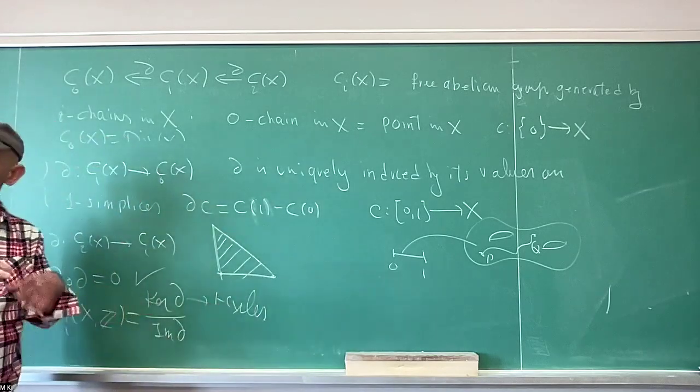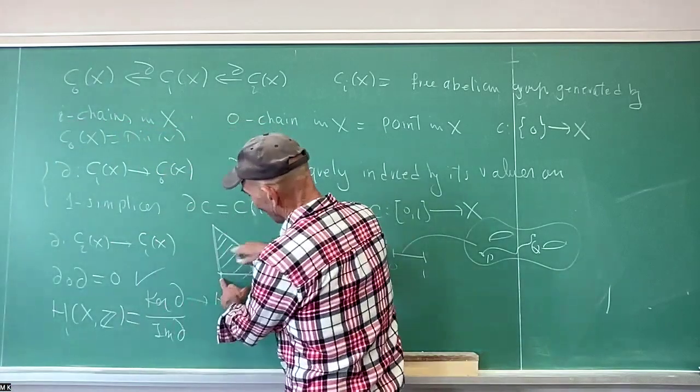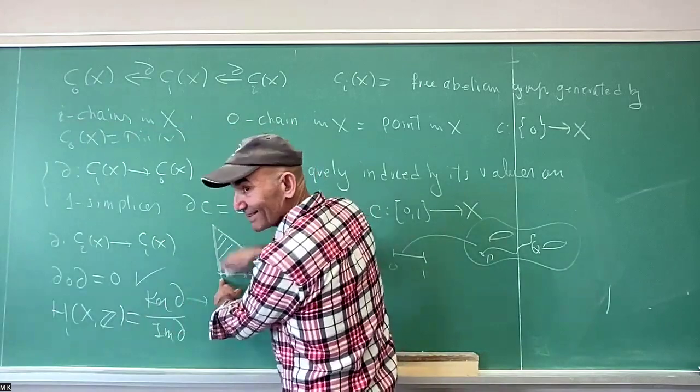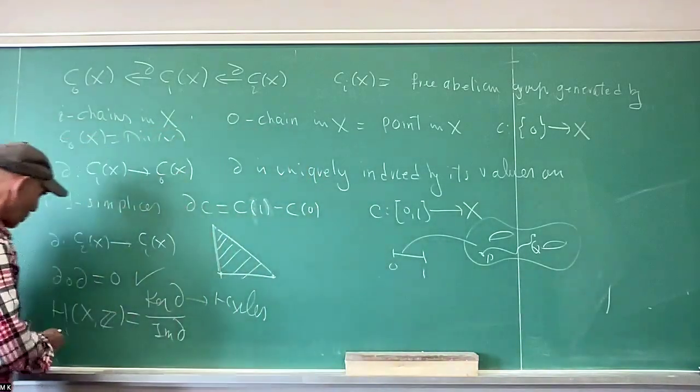These are things that bound. So if you have a boundary of this, this is a one cycle. And this is H1.